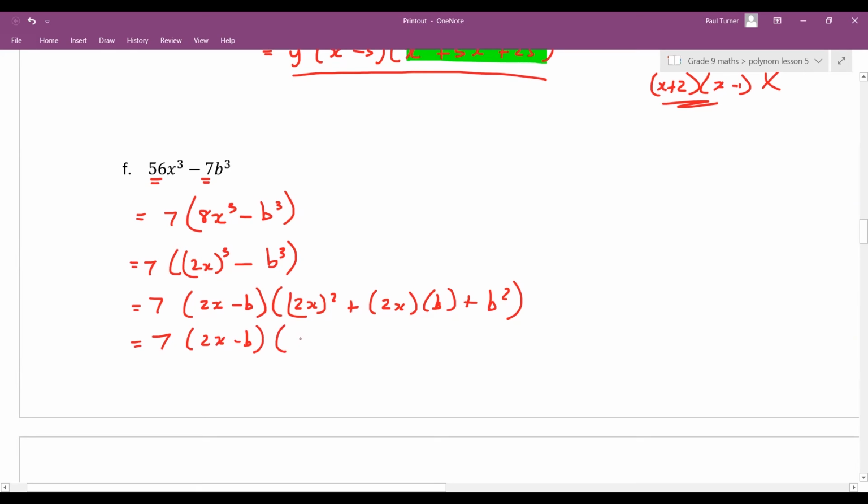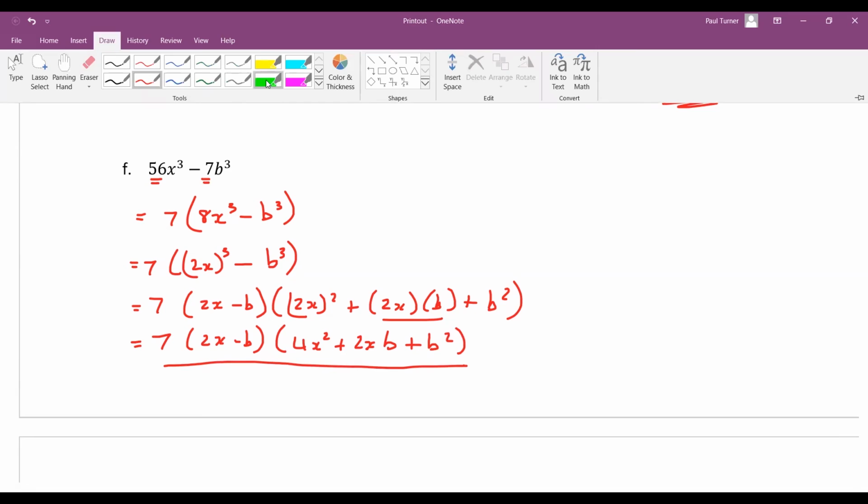Change your 2x squared to be 4x squared. You don't need the brackets anymore, so try to get rid of those. Write that as 2xb. And the last term is b squared, like that. That's your final answer. Again, you've got 3 parts.